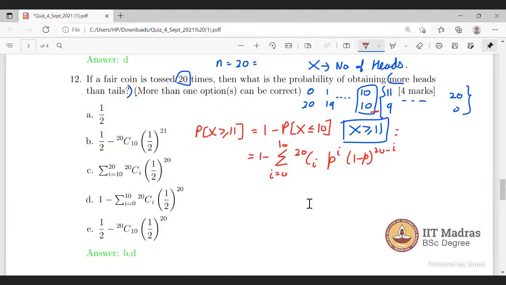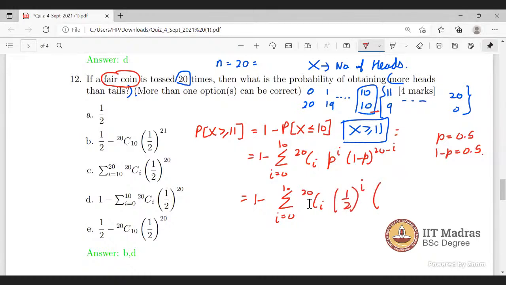If you notice one keyword here, it is a fair coin. Fair coin means p equals 0.5, which means 1 minus p is also 0.5. So I can write it as the sum from 0 to 10 of 20 C i, 1 by 2 raised to the power i, 1 by 2 raised to the power 20 minus i. So it is nothing but this thing, right?